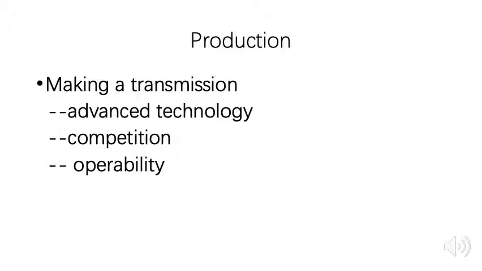The first one is advanced technology, the second one is competition, and the third one is operability. The first one is advancing technology. The development of a complex system requires advanced development.